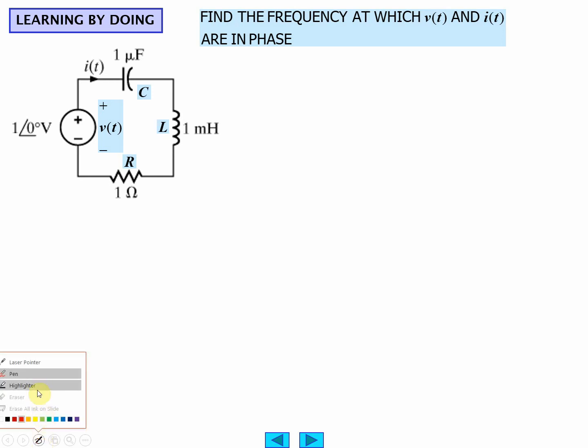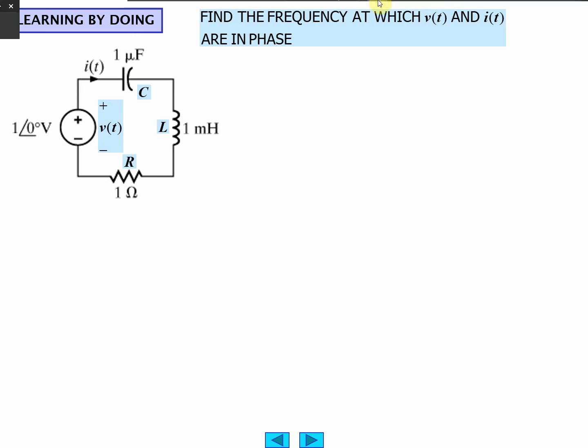Okay, ladies and gentlemen, we want to find the frequency when the voltage and the current are both in phase. Now, thinking about phasors, I'm going to pause for just a second.